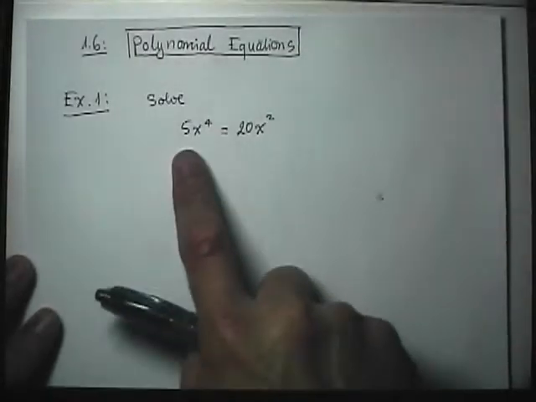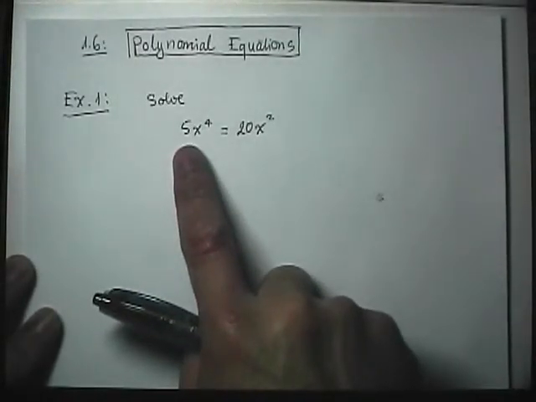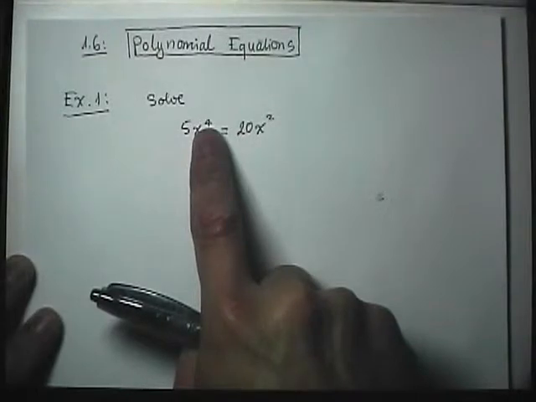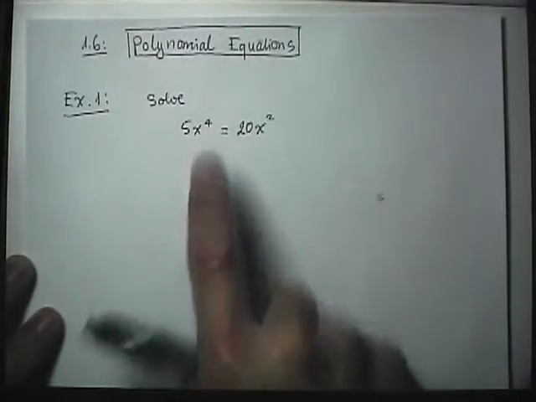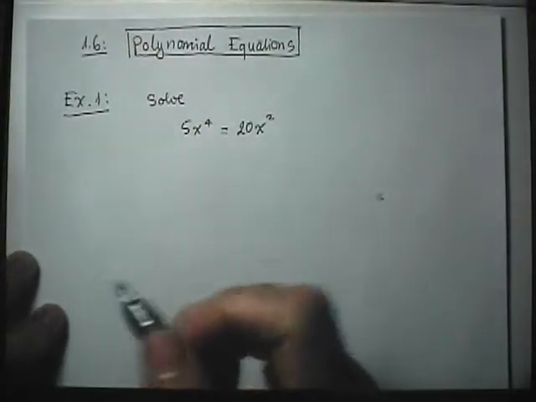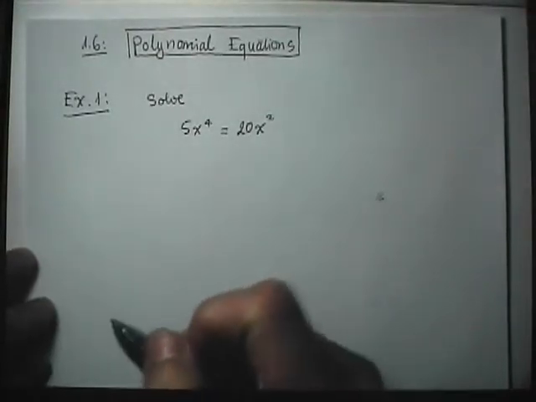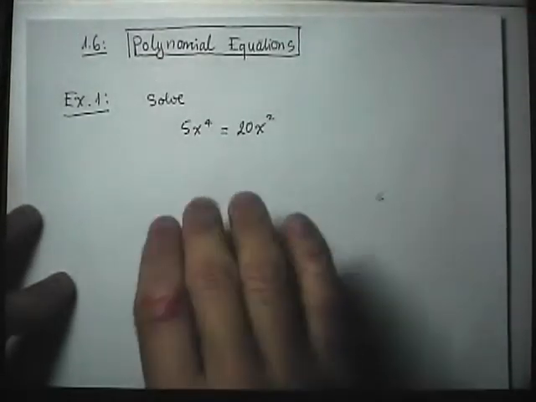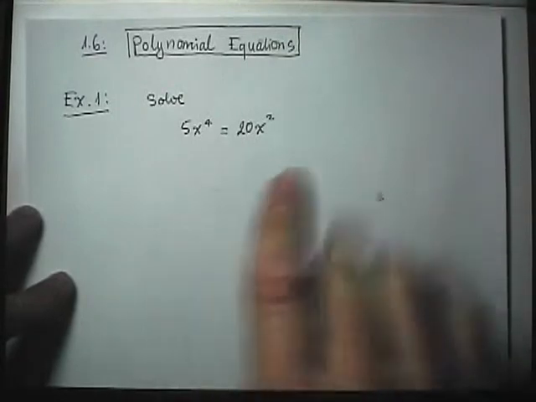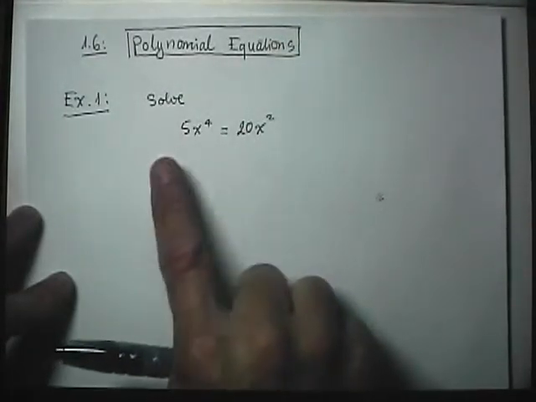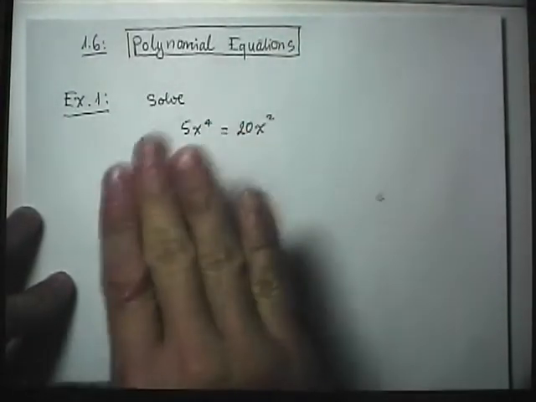But for general polynomial equations, when the powers go even higher than 2, we can only rely on one method, and that is the factoring method. The guideline I gave in class: step number 1, you always need to bring all terms to one side.